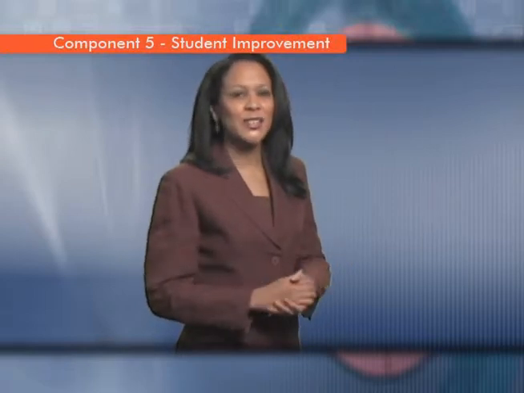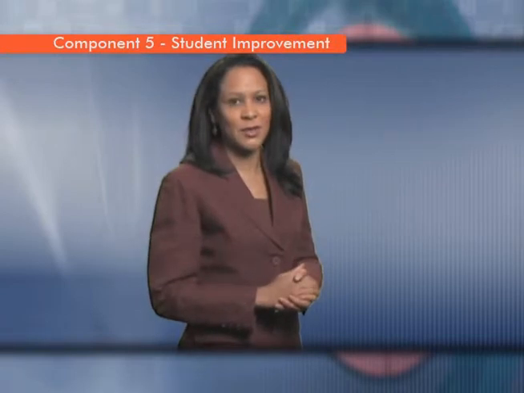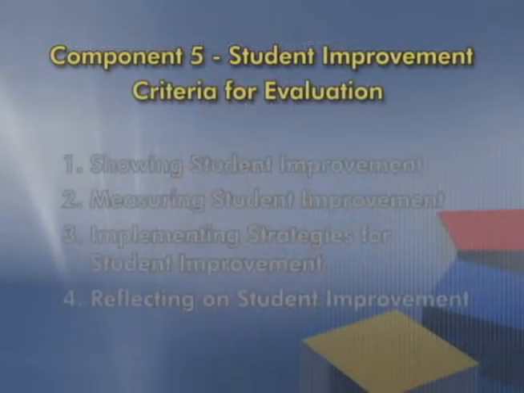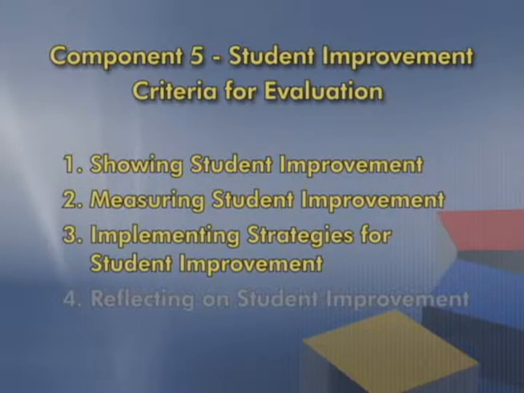Although school and district-level student performance data are woven into other components of DPAS II, Component 5 focuses on the use of the data. The 4 criteria used to evaluate student improvement are showing student improvement, measuring student improvement, implementing strategies for student improvement, and reflecting on student improvement.